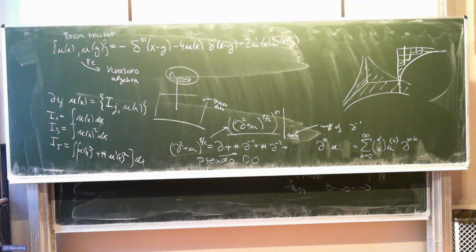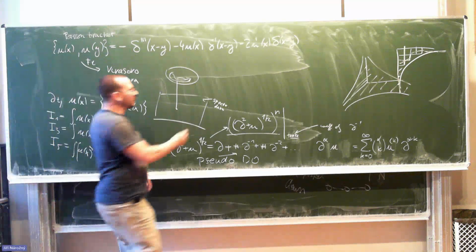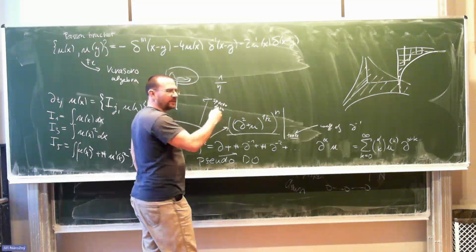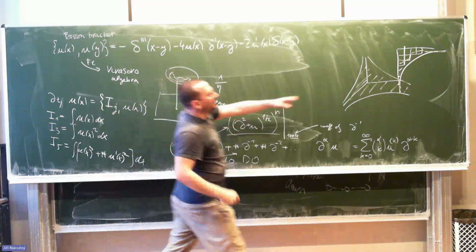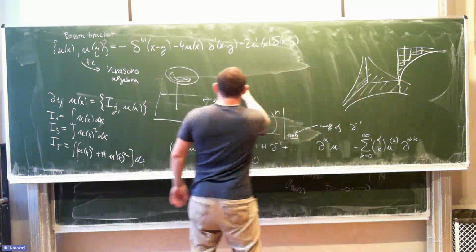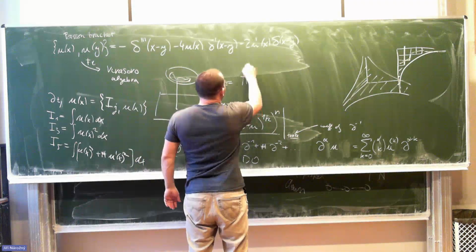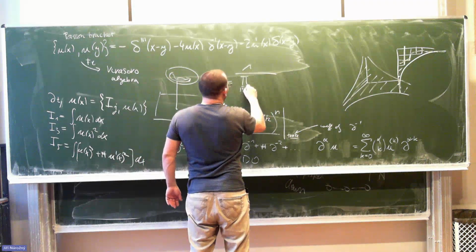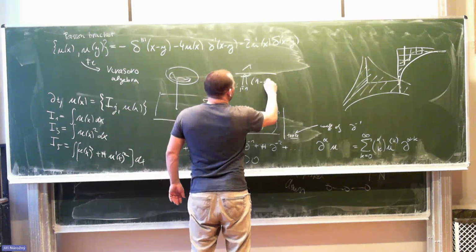The simplest example is the function which is just counting the number of Young diagrams. That's the product, 1 over the product, j from 1 to infinity, of 1 minus q to the j.